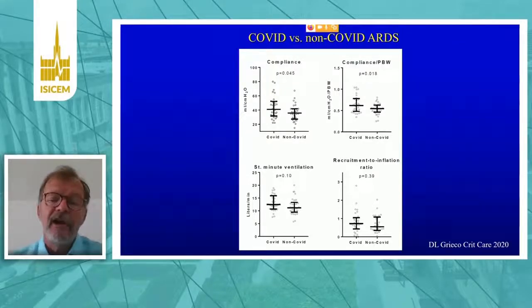And you see on average, there is no difference. If anything, maybe the COVID patients were slightly more recruitable, but you see that there's a whole range of values from completely non-recruitable to very highly recruitable. So the message is that you need to individualize to every patient.